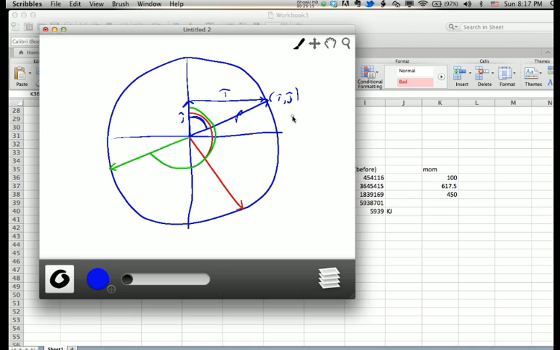And J hat is going to be the momentum times the cosine of the angle.